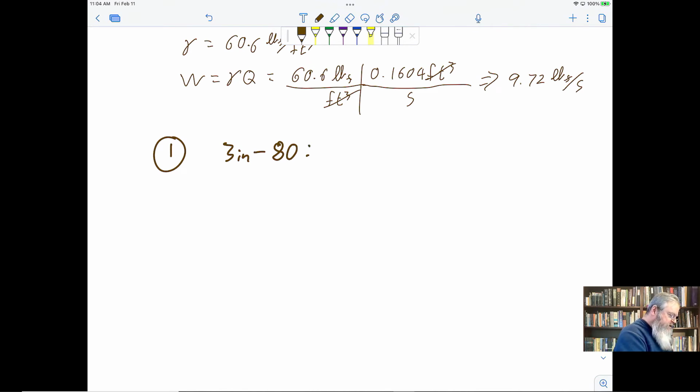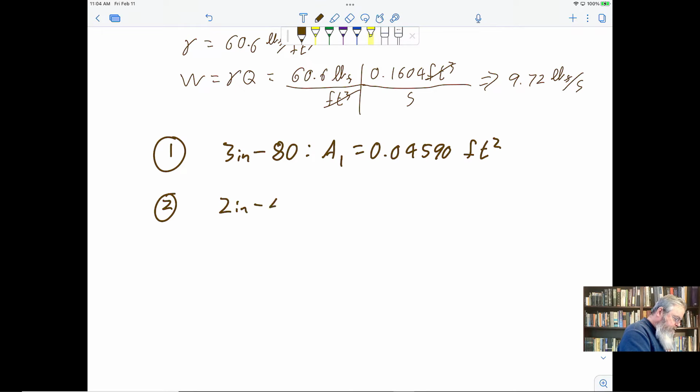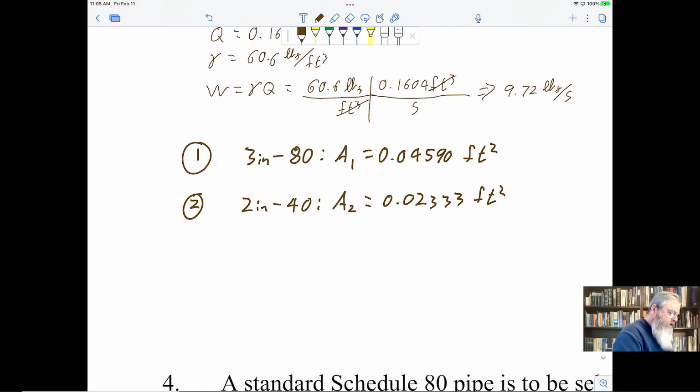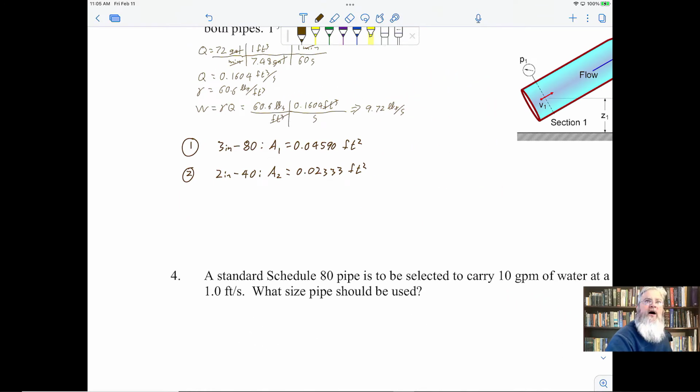And what we find out is the area at section 1 works out to be 0.04590 square feet. And at section 2, we have a 2-inch Schedule 40 pipe. So its area at section 2 is smaller, 0.02333 square feet. And this looking stuff up about pipes is going to be a pretty common thing for us to have to keep doing in this course.